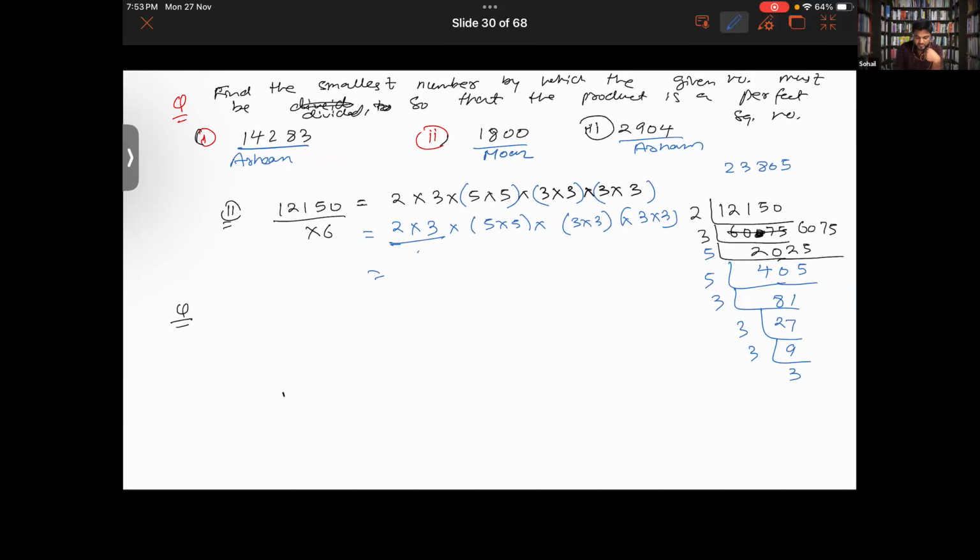Because basically this is 6, right? So we need equal pairs. If we had 6 into 6, then it would be a perfect square.